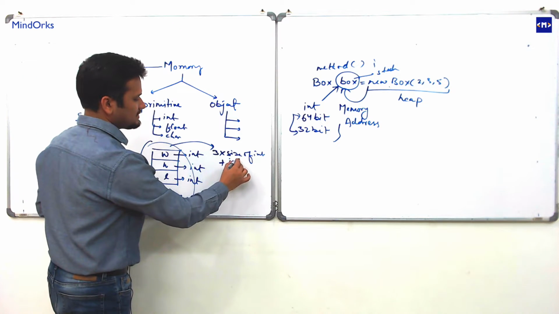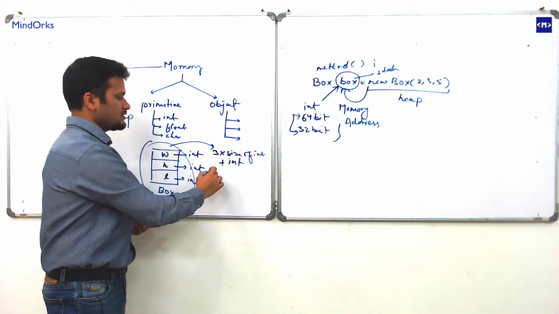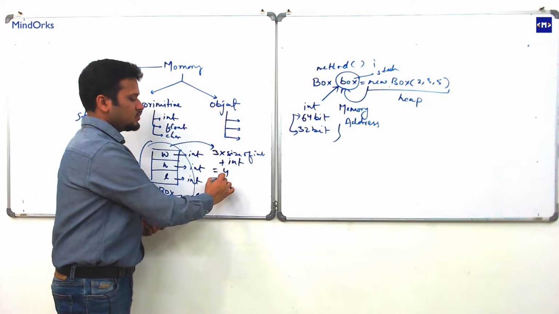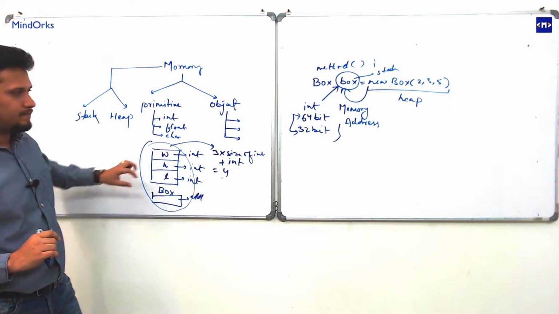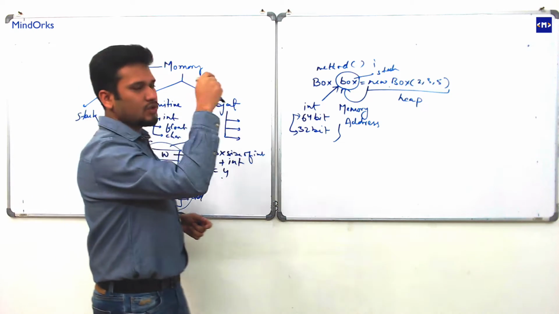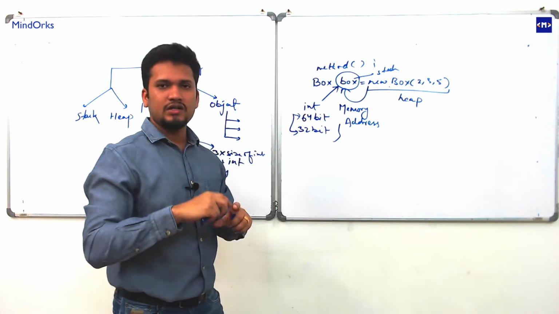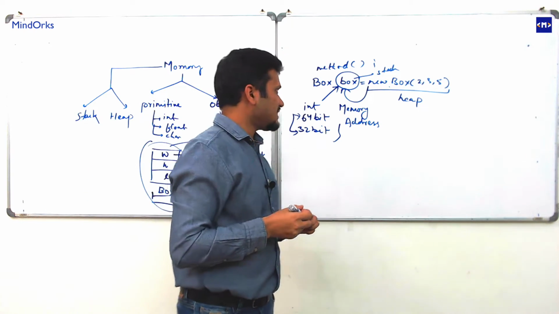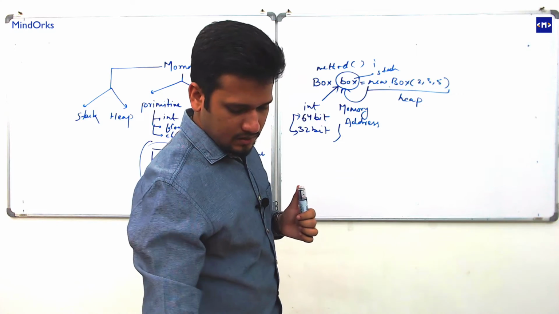Let's take the extra information as the size of an int. So when you create a box, you're actually taking 4 times the size of an int of your heap memory. So you need to understand where your object is going and which memory is being utilized, because there are various things associated with the heap that we'll understand.